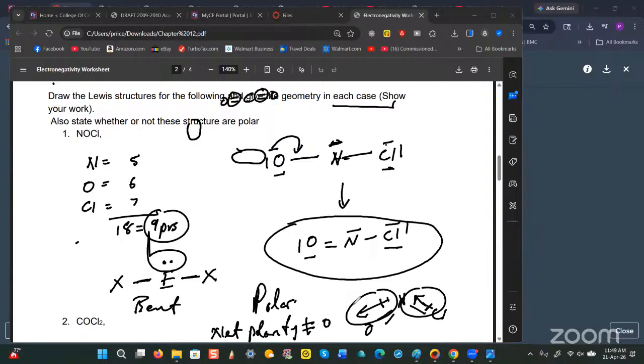All right, the net polarity will be non-zero, all right? And that's basically it for question number one. Any questions about it? Okay, let me clear this here. And let's look at the next one.